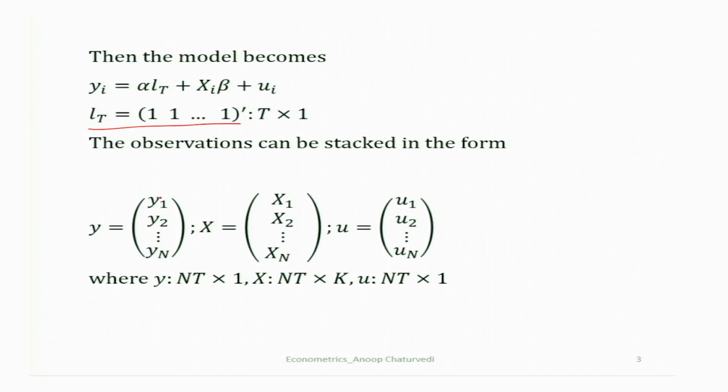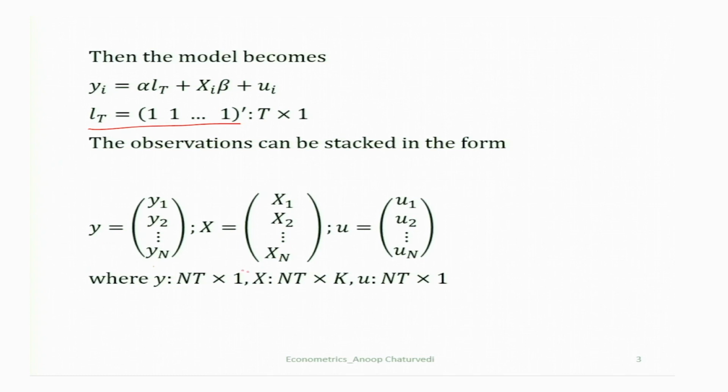Now we have stacked the vectors of observations of all the cross sections. Then capital X is equal to X_1, X_2, up to X_n.